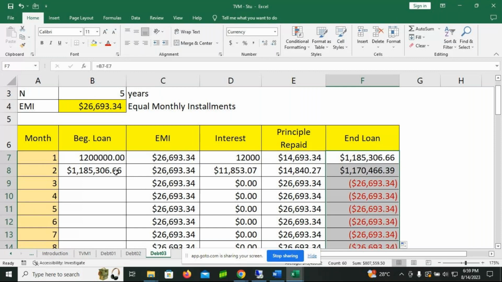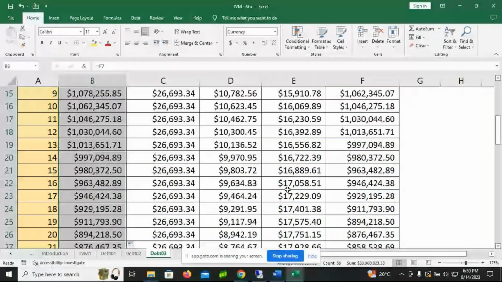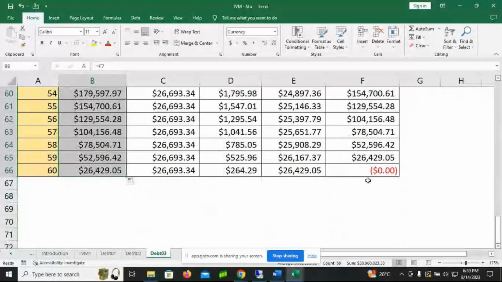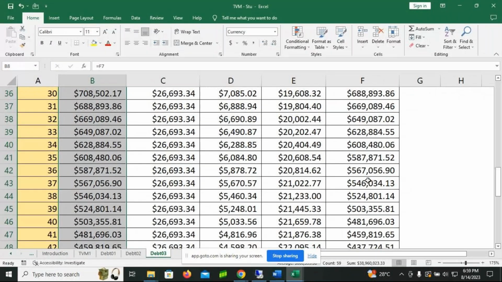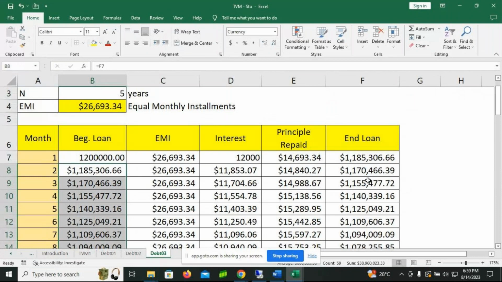Let's see, at the end of the period, it should be 0. Got it? Guys, have you understood?